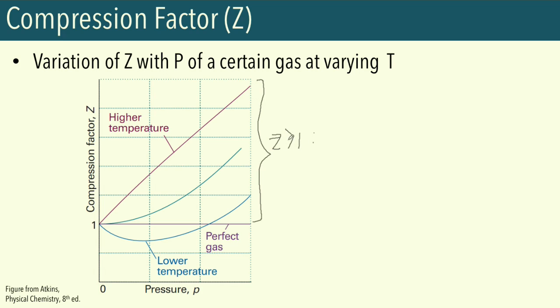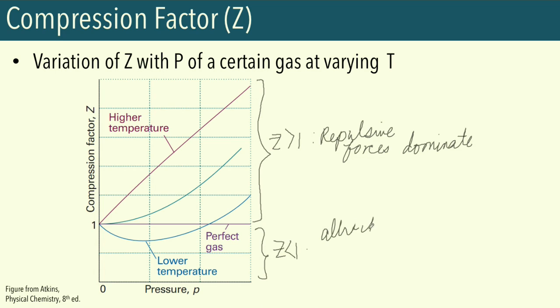If Z is greater than 1, our real volume is going to be greater than the ideal volume, so our gas is less compressible. So this implies that repulsive forces dominate. When Z is less than 1, however, this is when our attractive forces dominate.